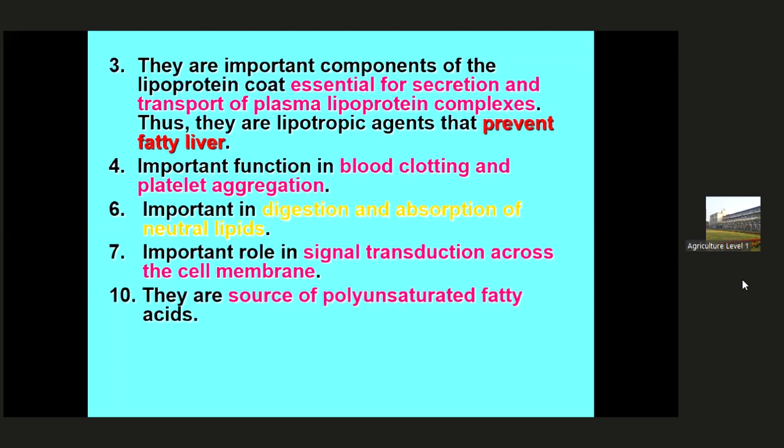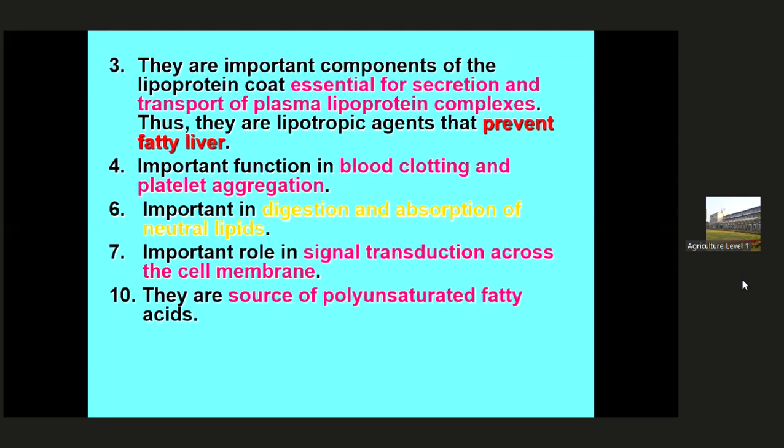Sources of polyunsaturated fatty acid: as it is a lipid, the fatty acids contained in the phospholipid may be polyunsaturated fatty acids. Some polyunsaturated fatty acids are also essential fatty acids, so phospholipids are a source of them. If phospholipid is lost from your diet, there is a probability of not getting the polyunsaturated essential fatty acids that are very important for the production of cell membrane.